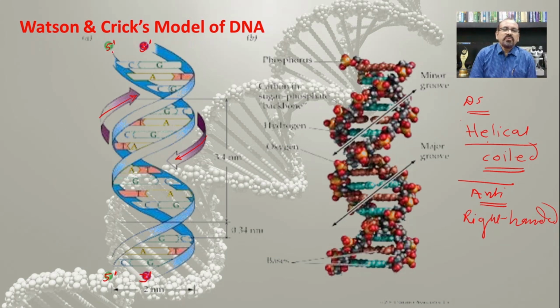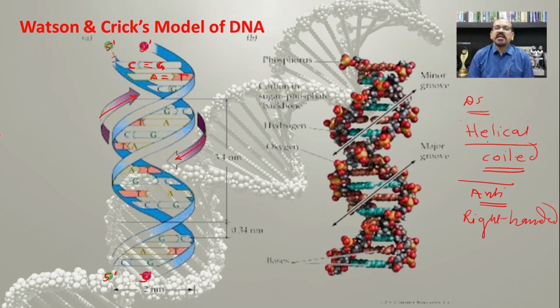See here, now both these strands are anti-parallel to each other and they are joined with each other by means of complementary nitrogen bases. That is, here the cytosine is joined with the guanine by 3 hydrogen bonds, and the adenine and thymine with 2 hydrogen bonds.